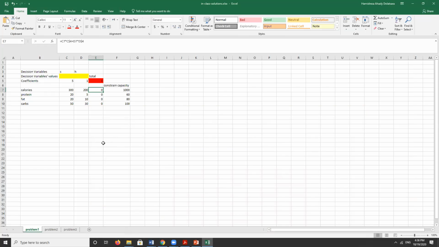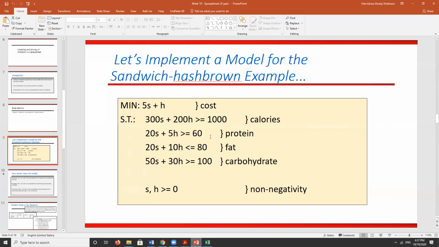If I sell 4 sandwiches and 1 hash brown, how many calories does it make? Yes, 1400 calories is more than 1000, the capacity. So it's good, right?